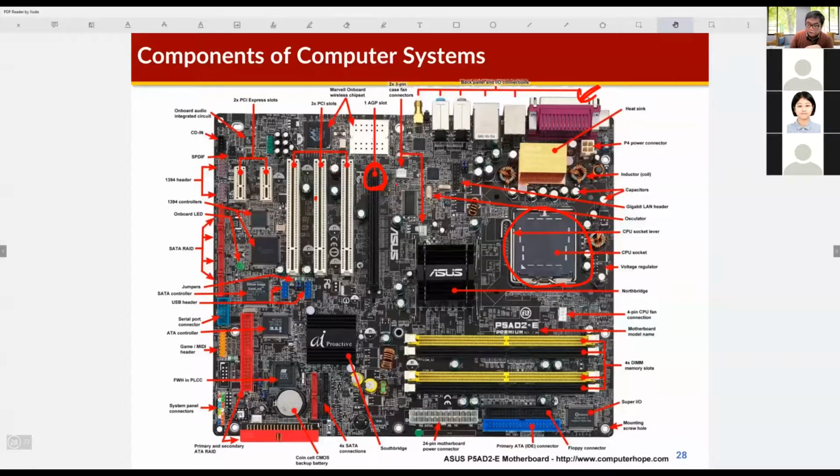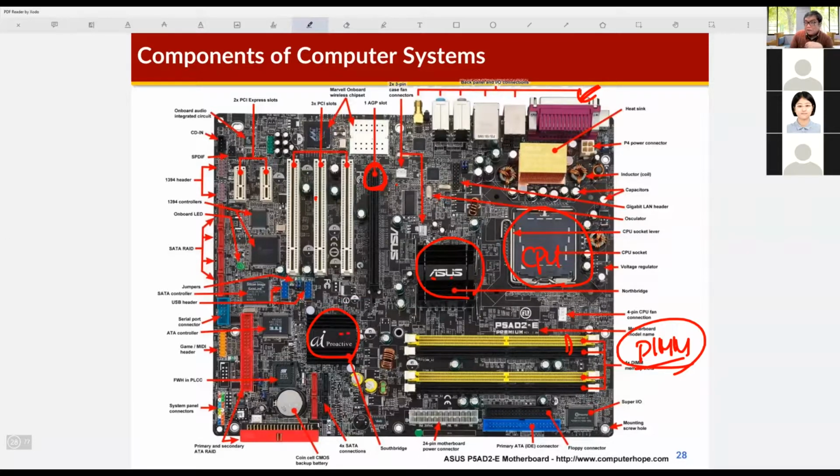Also, you can find the memory slots, like DIMM slots. If we put the memory DIMMs on these slots, then you can use RAM. Also, you can find the mainboard chipset. These many I/O devices are connected to the CPU through the mainboard chipsets.